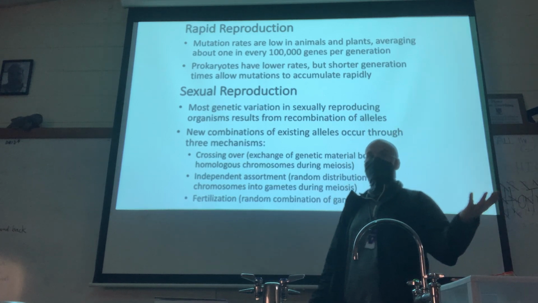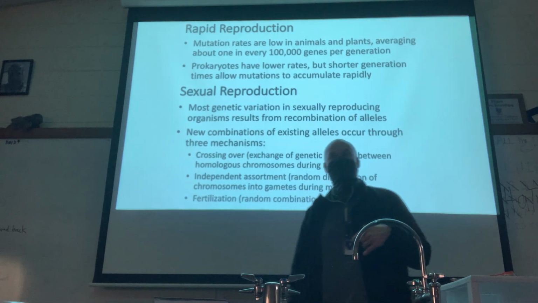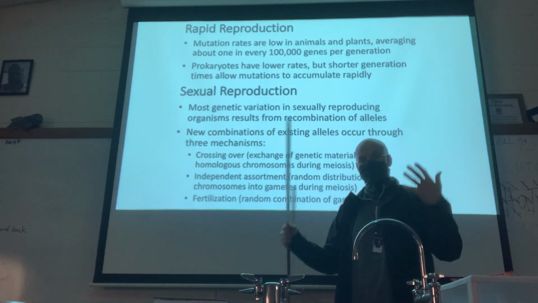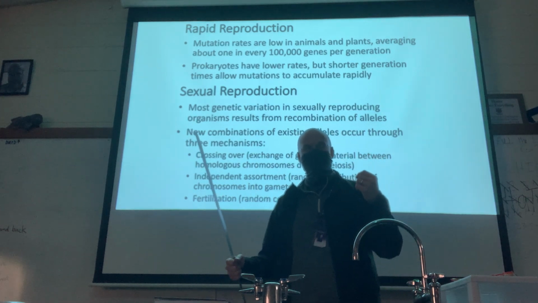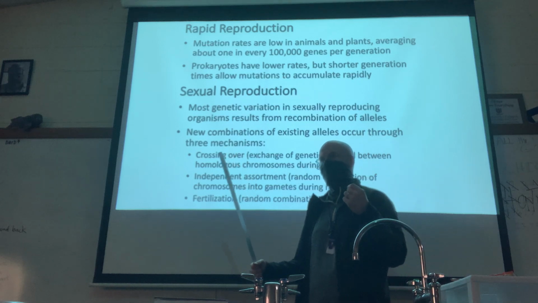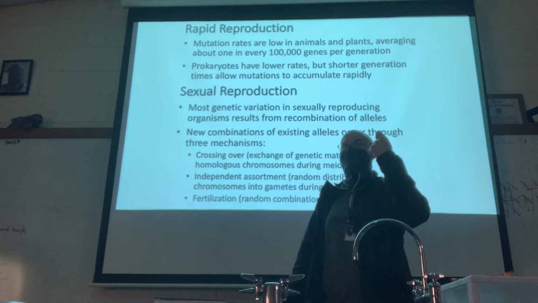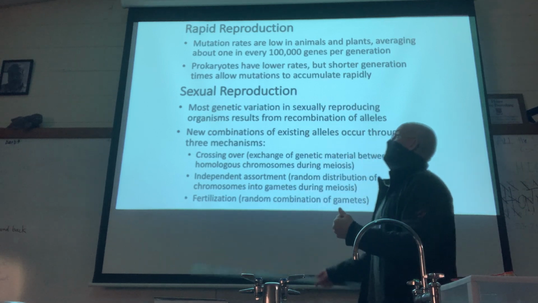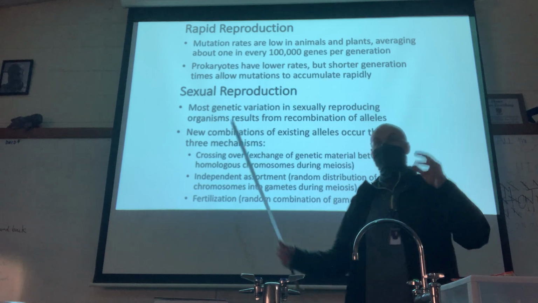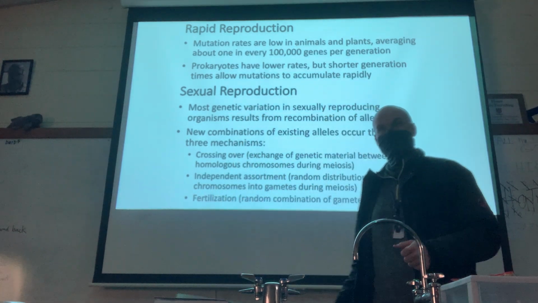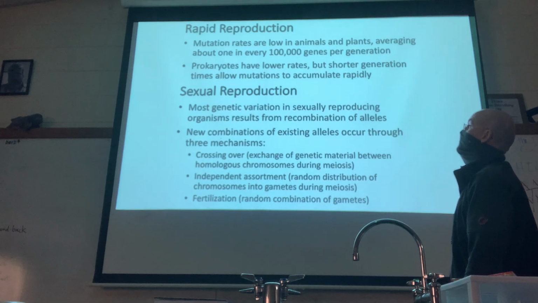We see that happening with the COVID-19 virus, where this is such a fast reproducing, I don't want to say living thing because viruses don't technically fit into the definition of life, but it's such a quickly reproducing entity that mutations show up very frequently, and you start getting that new strain. That's all part of its genetic variation.